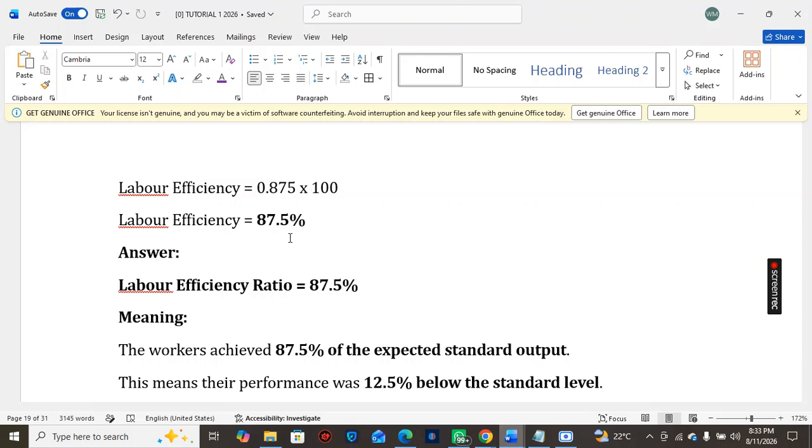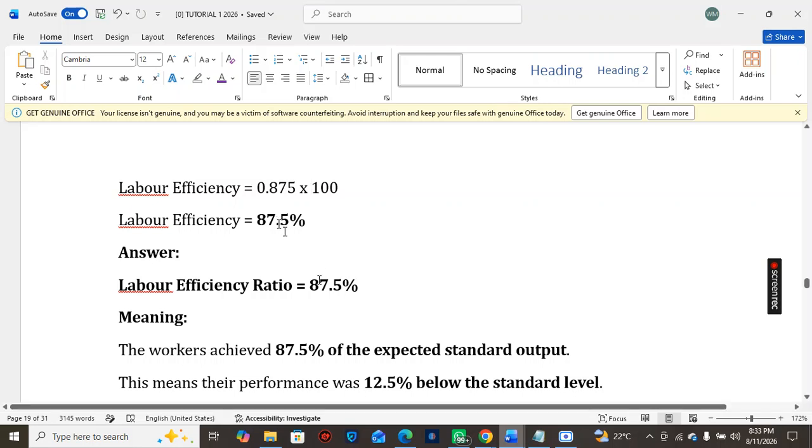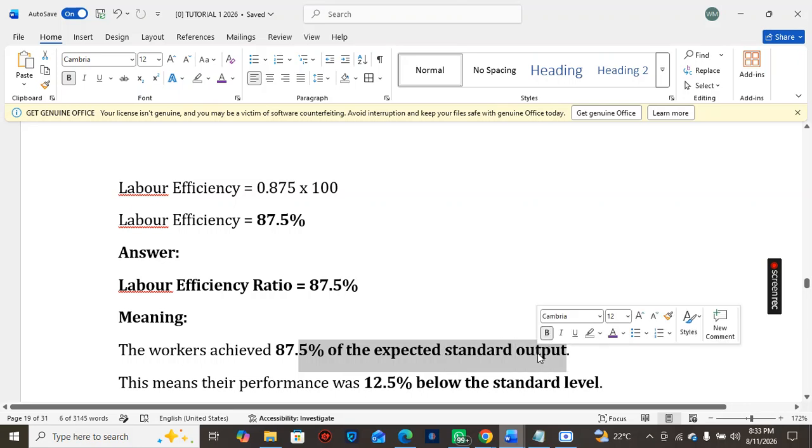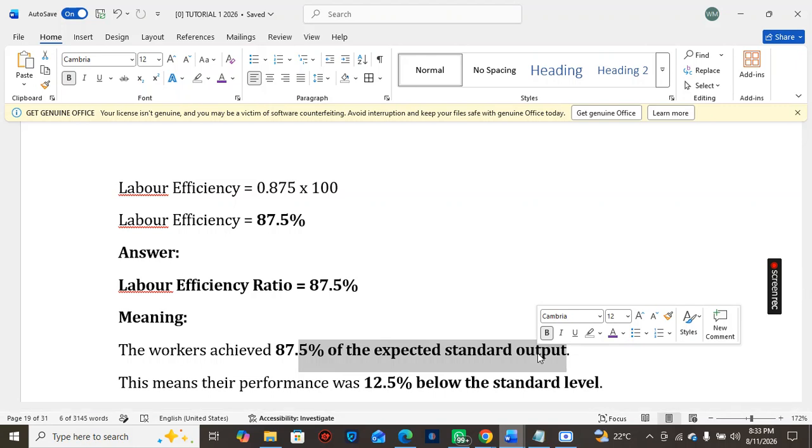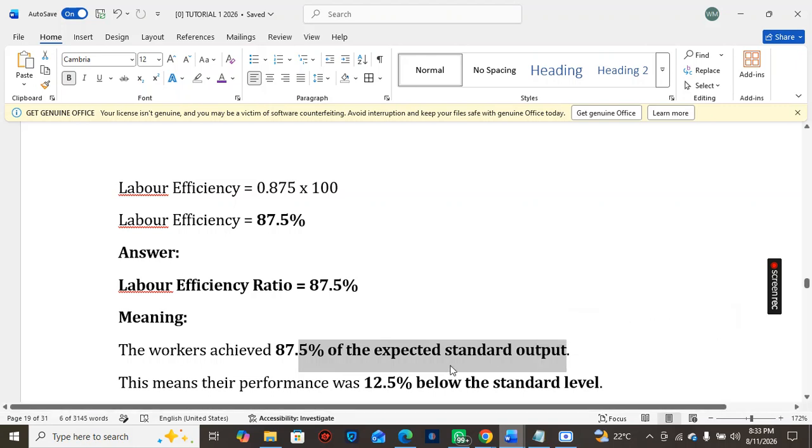So the labor efficiency ratio is 87.5%. We achieved only 87.5% of the expected standard output, so we were below standard. Yes, colleagues, any questions?